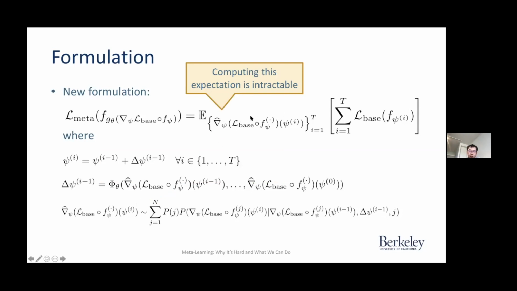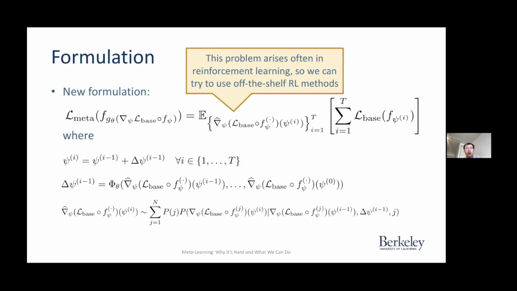Even in the discrete case, it could be 2 to the T. And so computing this expectation is just intractable. This problem arises a lot in reinforcement learning, so we can try to use off-the-shelf reinforcement learning methods for this. It doesn't solve all the issues, but I'll talk about that later on.